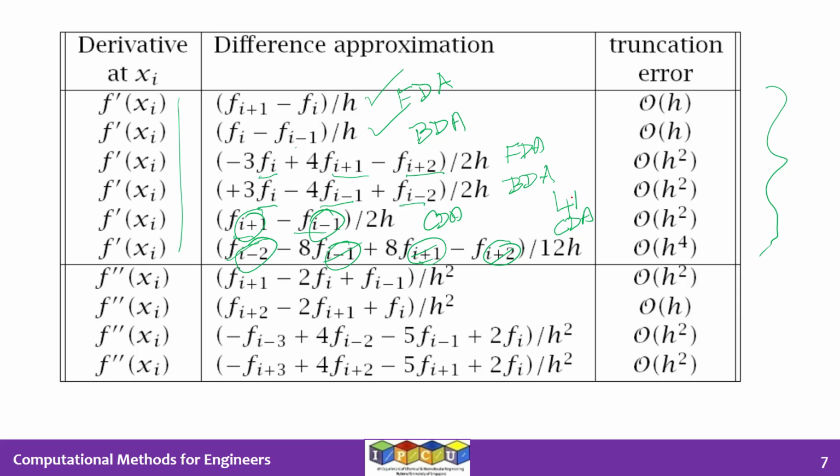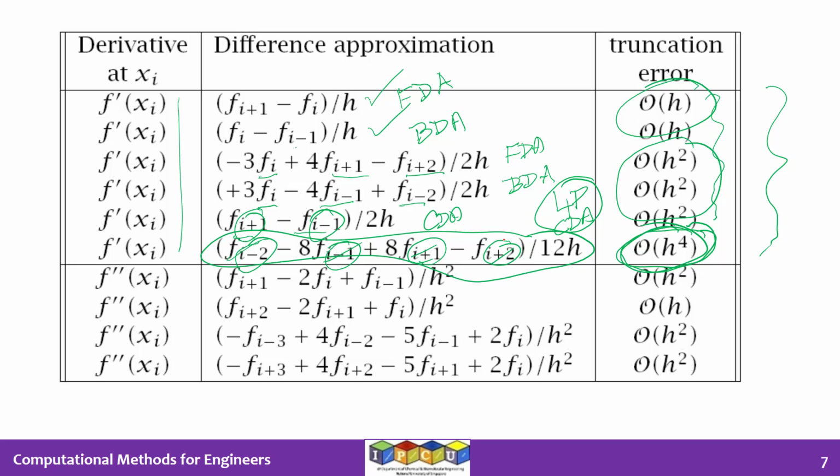So it's 4-point central difference approximation with accuracy being order of h to the power of 4. Very small compared to the other things that we see. Others are order of h squared and order of h errors. High, okay, low. But the one with low error has more computations. So that is the compromise I am talking about.